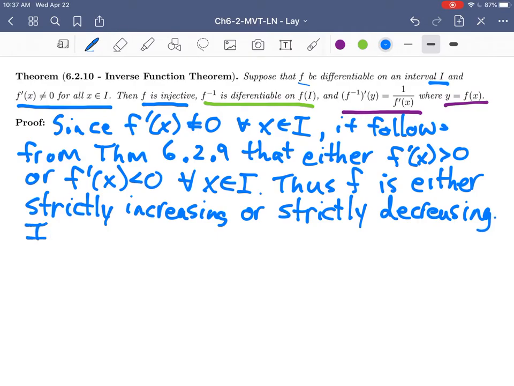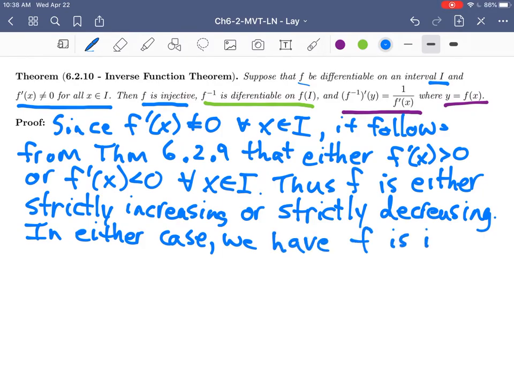In either case, we have f is injective. So that's, we have the injectiveness.